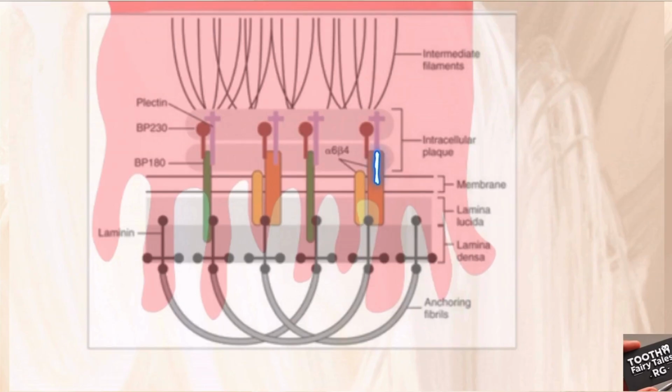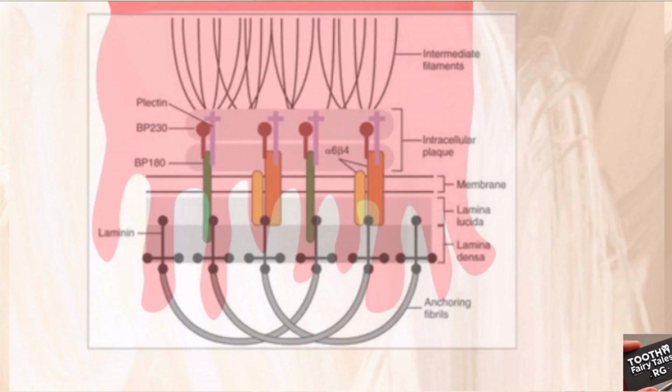Integrin alpha 6 beta 4 crosses the basement membrane of the epithelial cell and reaches the lamina lucida and stops there. Whereas BP180 starts from the outer plaque of the hemidesmosome. It traverses the basal epithelial membrane of the epithelial cell, enters into the lamina lucida, and also enters into the lamina densa.